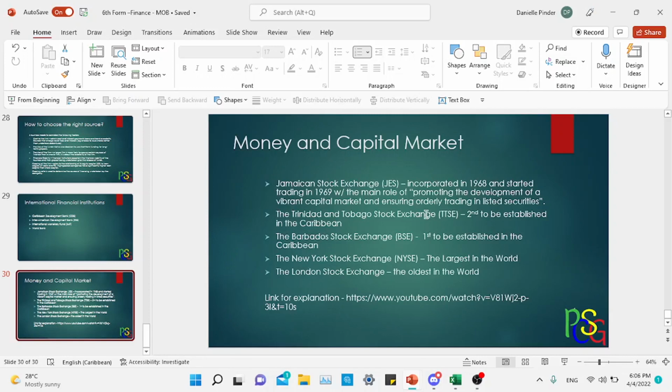Then the Trinidad and Tobago Stock Exchange is the second to be established in the Caribbean, and the Barbados Stock Exchange is actually the first stock exchange established in the Caribbean.